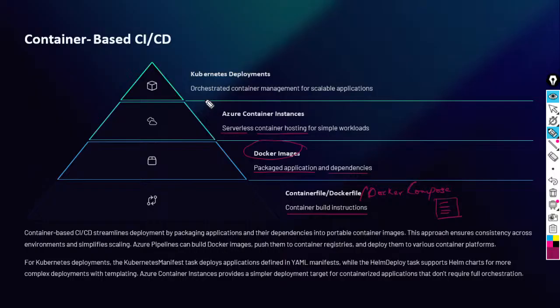And finally, you deploy it over Kubernetes. Orchestrated container management for scalable applications. So these Docker files or the Docker images will need to be deployed on orchestrated container management for scalable applications, like enterprise level applications, where it has to be scalable.